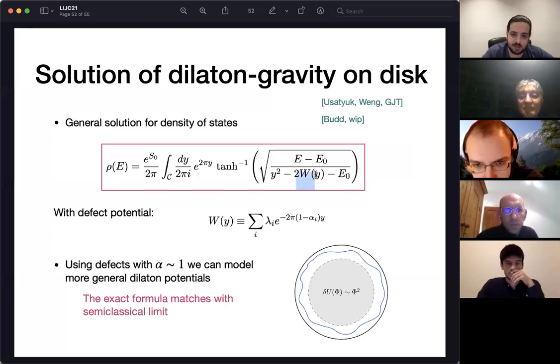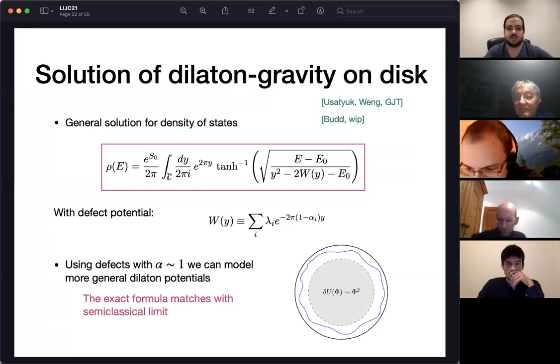That depends on this function W of Y, which is this correction to the dilaton potential from the defects. And this Y is a variable that you need to integrate, and this contour is the one that corresponds to an inverse Laplace transform. So it's along an imaginary axis in a way that all the singularities are to the left, let's say.